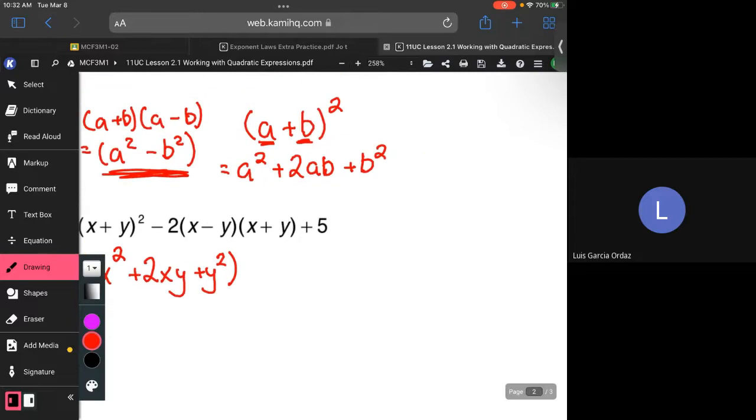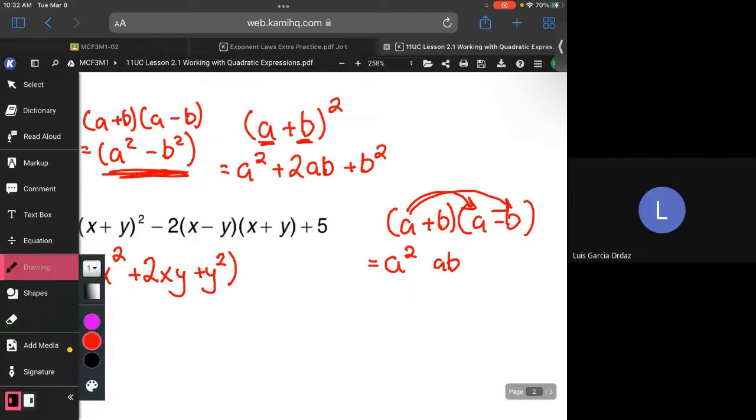So let's take these numbers again. I'm going to FOIL. So A times A gives me what? A squared. A times negative B is minus AB.